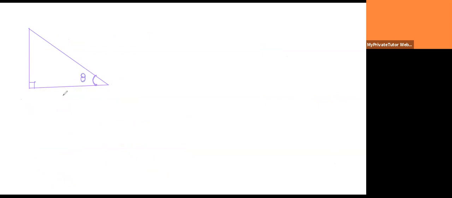I will give the values as this is 3 centimeters, this is 4 centimeters, and if you use the Pythagoras theorem correctly, you will get this as 5 centimeters. Now what we need to do is find all 6 trigonometric ratios of this triangle.